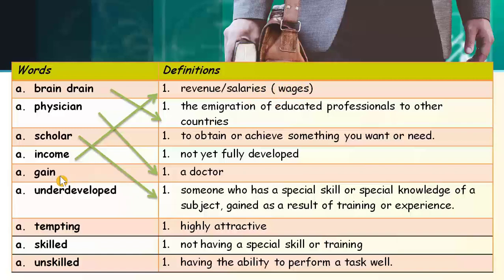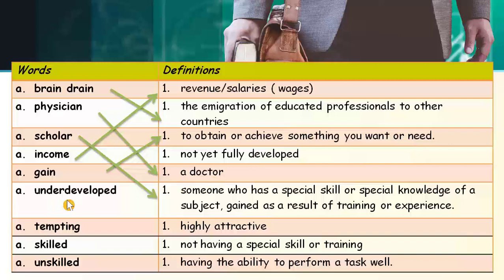What about to gain? What does it mean? كسب أو حصل. Well to gain it means to obtain اللي هي كتعني حصول أو achieve something أو تحقيق شيء ما you want تريده or need تحتاجه. Great.